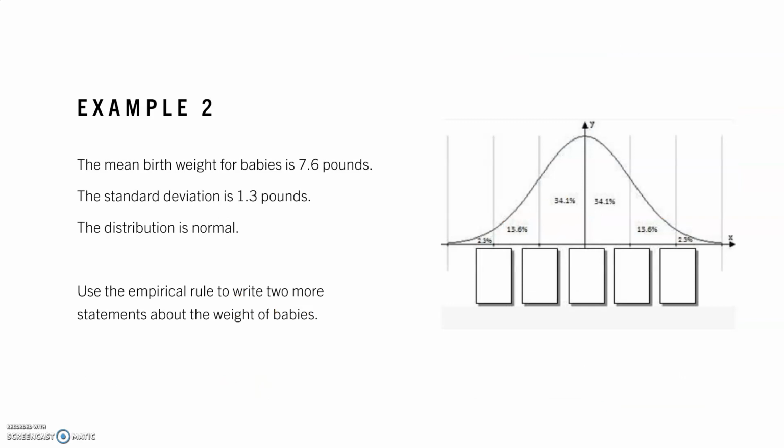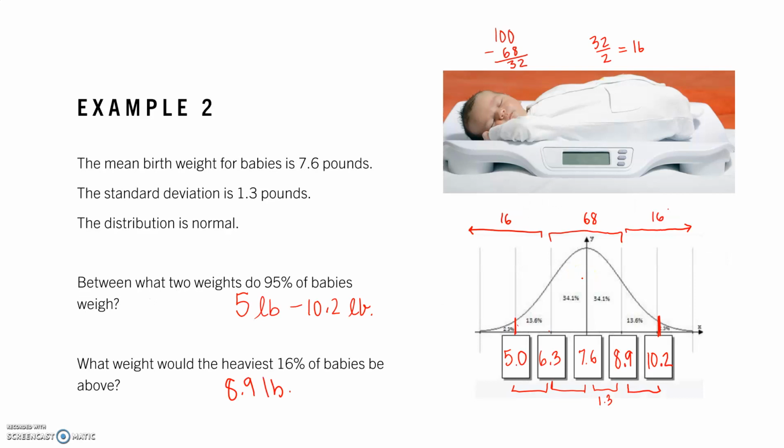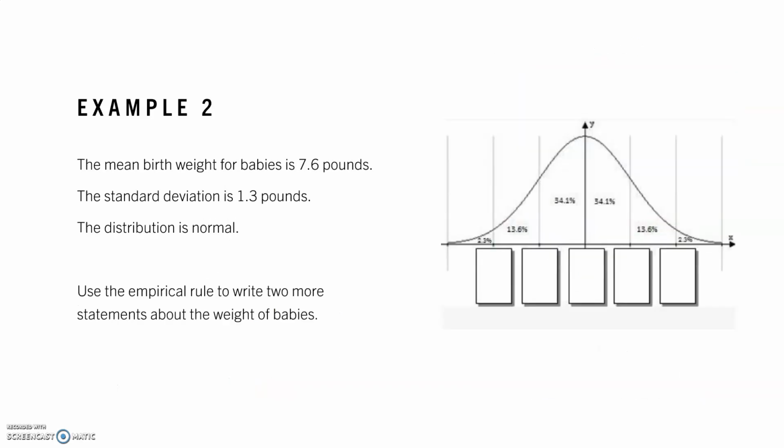And then if we wanted to write 2 more statements about the birth weight of babies, we could say something like half of all babies are above 7.6 pounds. So here's 7.6, that's our median. That would be one thing we could say.